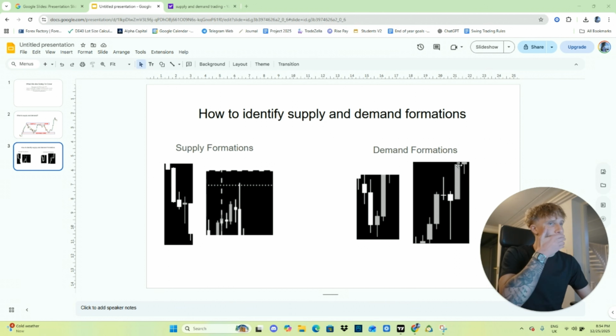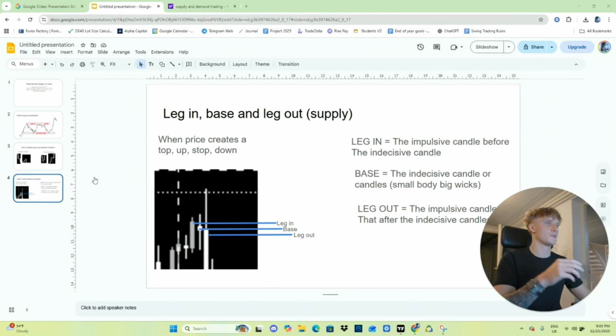Now we'll go through each of these individually, and the way you need to think about your formations is that you need to look at them in three different sections. You need to dissect it into three different things. The first formations we'll go over are supply formations. You'll see that the logic behind all the formations is exactly the same, just the way we identify them is slightly different.